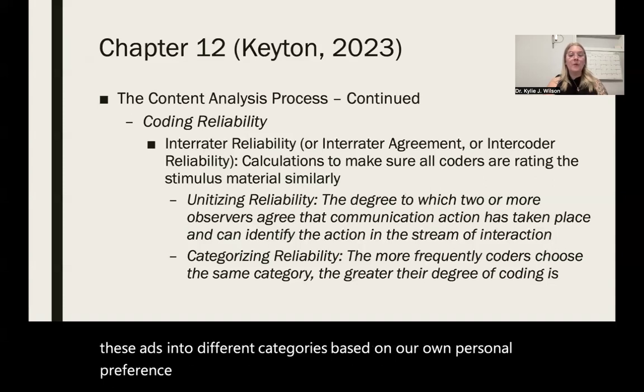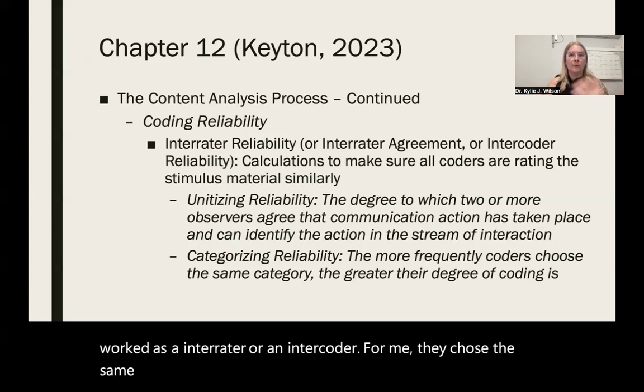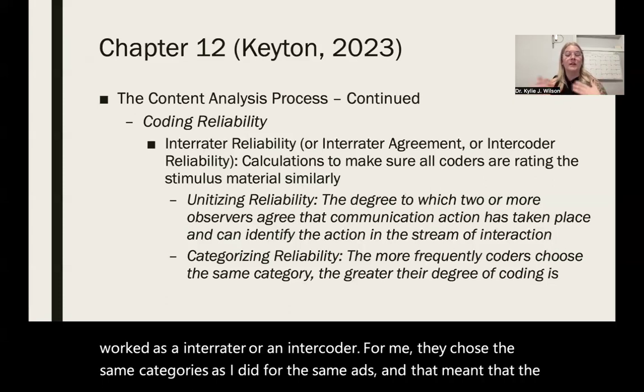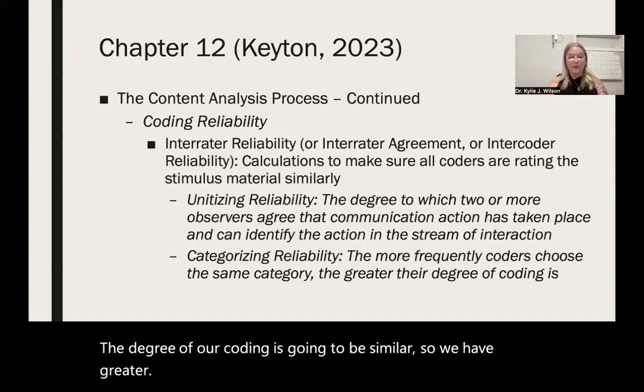So what that meant was me and everybody who worked as an intercoder for me, they chose the same categories as I did for the same ads, and that meant that the degree of our coding is going to be similar. So we have a greater degree of reliability.